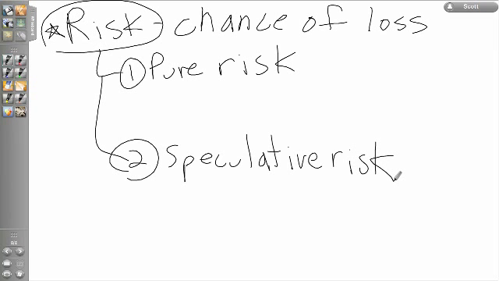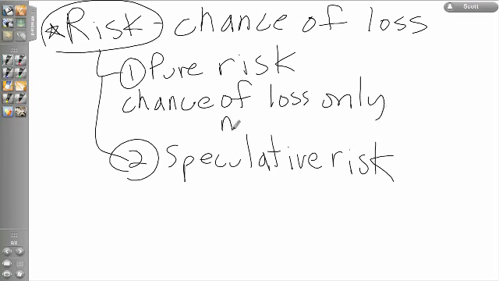A pure risk is a risk situation which has a chance of loss only, no gain. This type of risk, pure risk, is insurable.